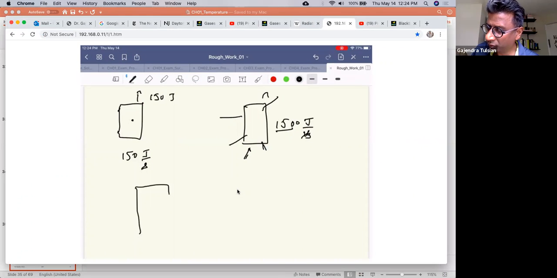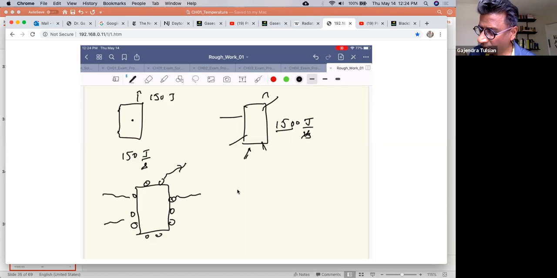Okay, so humans have sweat glands and you sweat. And just sweating doesn't do it. What you're hoping for is the sweat to evaporate. And when the sweat evaporates, for every gram of sweat that evaporates, it takes away 540 calories.